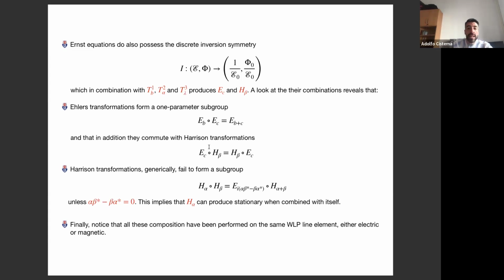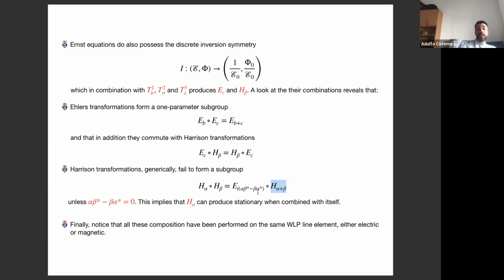So this is tricky because I can apply a Harrison on one hand, then another Harrison, and my result, generically speaking, for arbitrary parameters, is going to be the combination of an Ehlers and a Harrison. So basically, it's telling me, look, if I have a solution and I'm going to transform it into an electrovacuum one, I will go from something that maybe has no charge. I'm going to apply Harrison twice to, for example, first include a monopolar electric charge, and after to take that charge and put it on top of a Melvin universe.